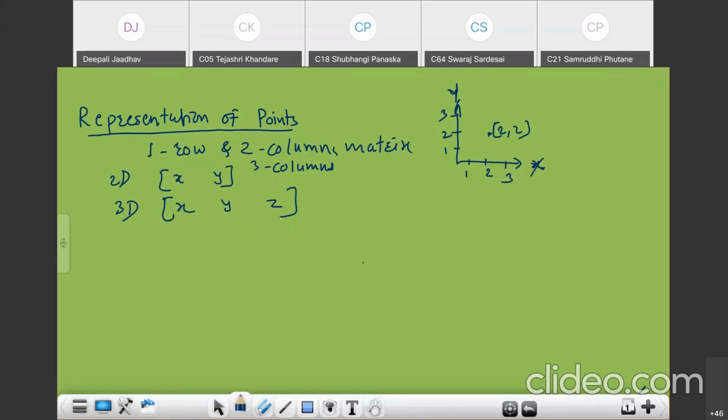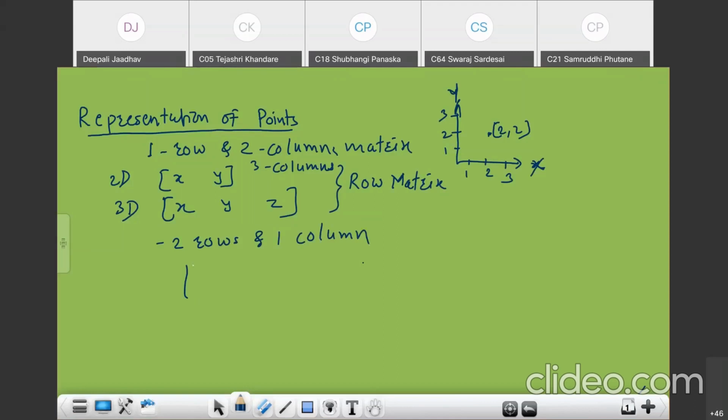And this kind of representation is known as row matrix representation, which we are going to use here. Another type of representation is there, in which it is represented as 2 rows and 1 column.